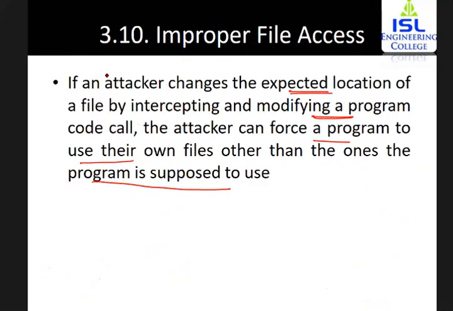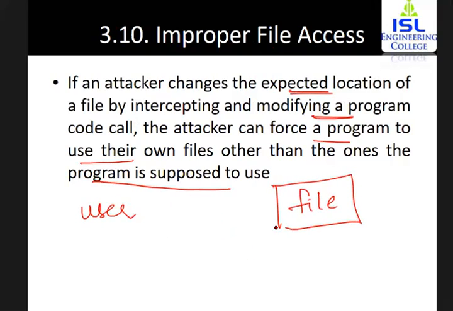Whenever you're changing the location of a file, say you've got a user, and this user needs to access a file. This is a password protected file. Now you've also got an attacker. This attacker does not want this particular user to get access to the file. So what is this attacker going to do?